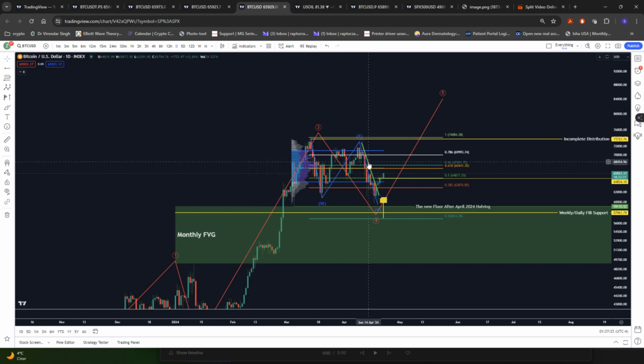And in that scenario, if we come back down even more, somewhere around here, this particular wick would be the bottom. We can come back down to the 0.786 or 0.886 level and then go back up again, but this wick would be the bottom.